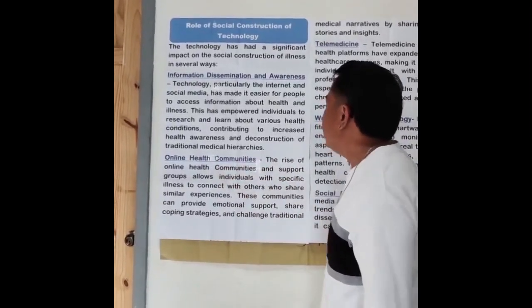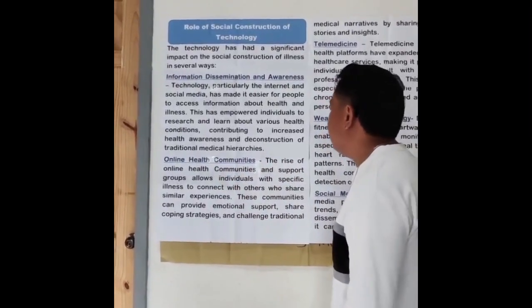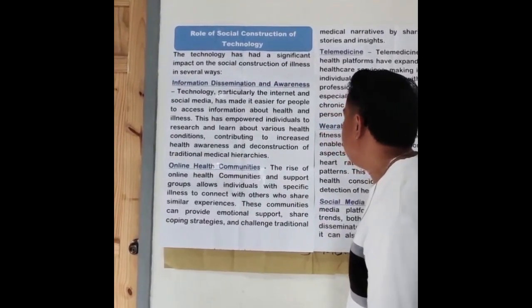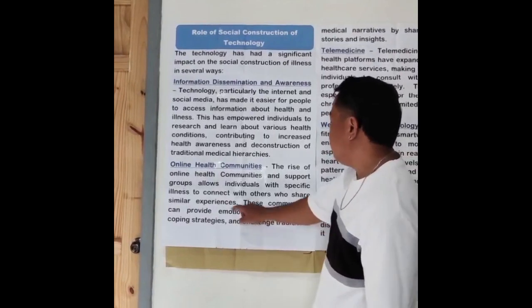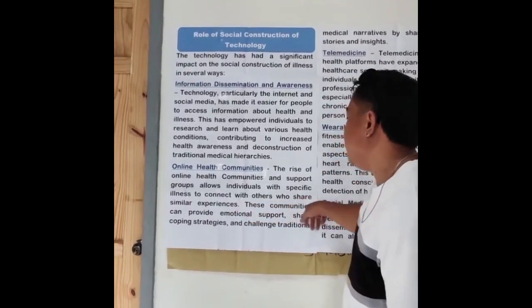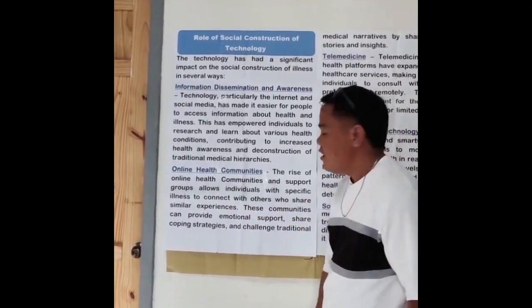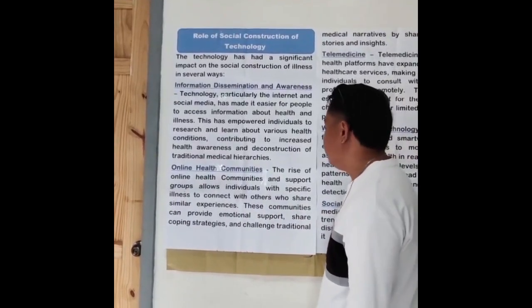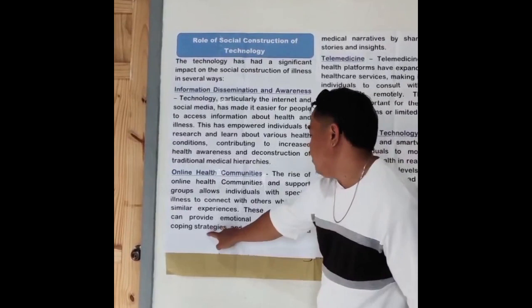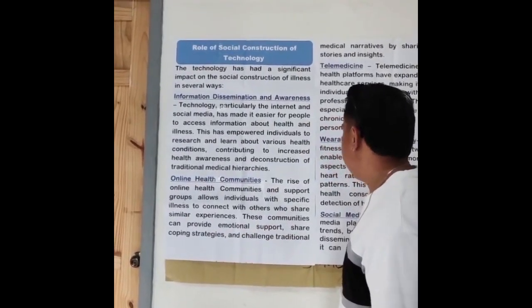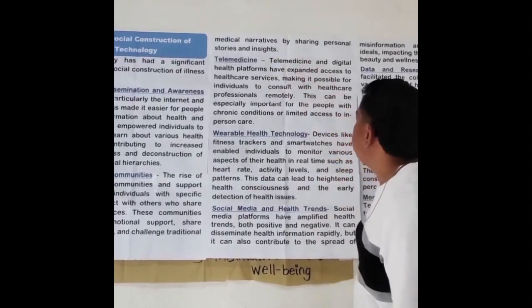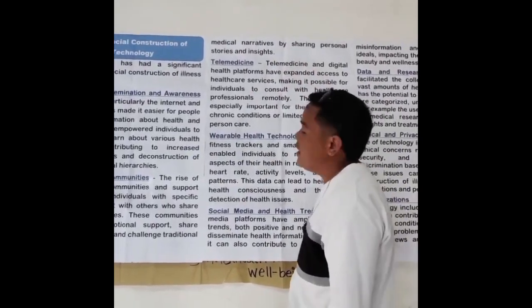Second, online health communities. The rise of online health communities and support groups allows individuals with a specific illness to connect with others who share similar experiences. These communities can provide emotional support, share coping strategies, and challenge traditional medical narratives by sharing personal stories and insights.